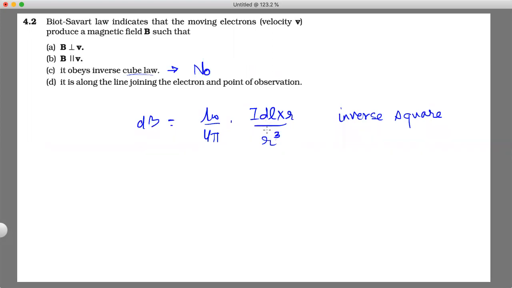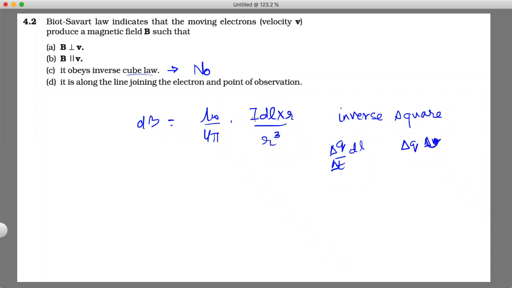I dl can actually be written as what? I is charge by time into dl, and charge by delta t, so it can be written as delta q, delta l by delta t, and dl by dt is v.